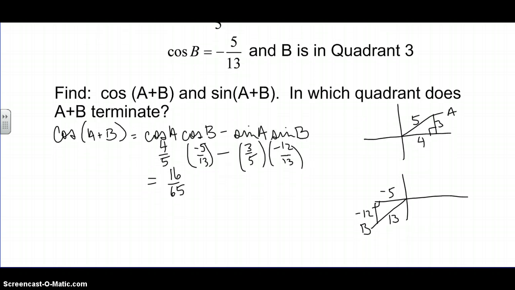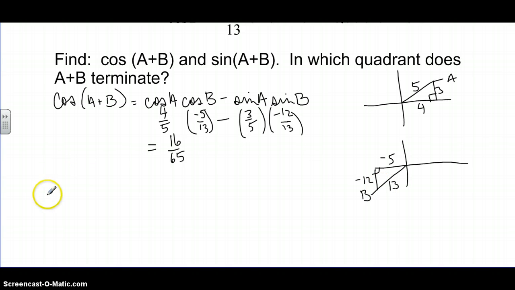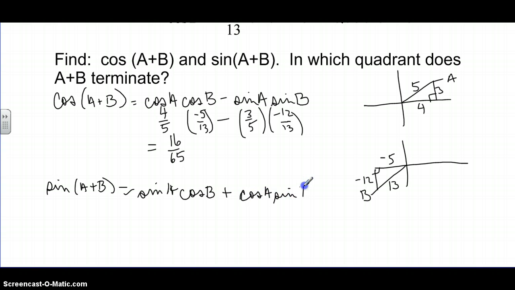Now, I'm next going to find the sine of A plus B. Sine of A plus B, according to my identity, is the sine of A times the cosine of B plus the cosine of A times the sine of B. Now, I have all the information that I need. The sine of A is 3/5.